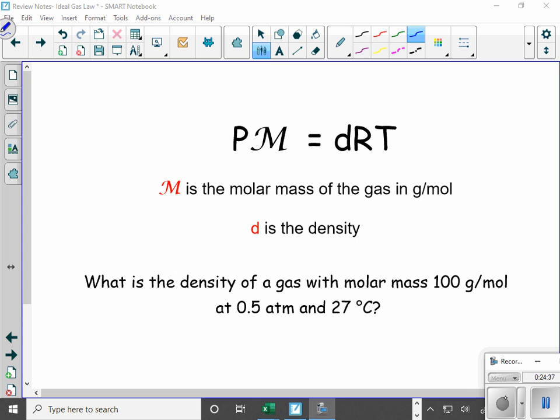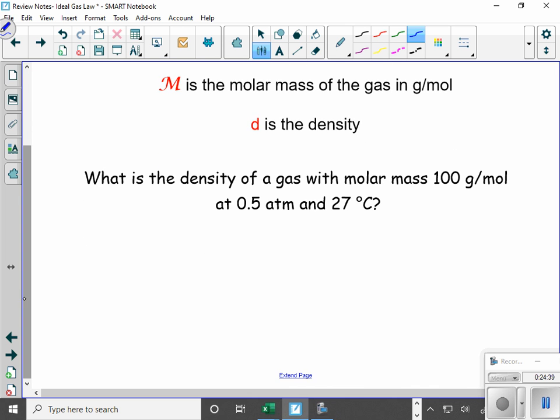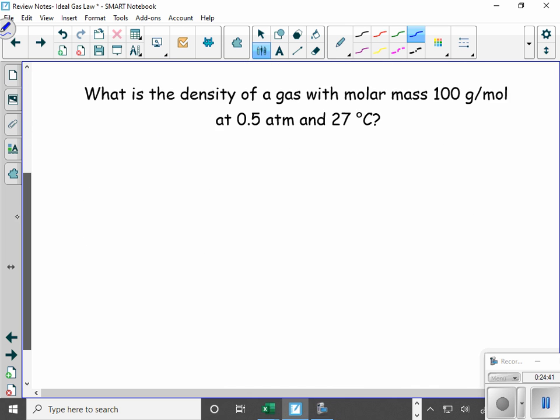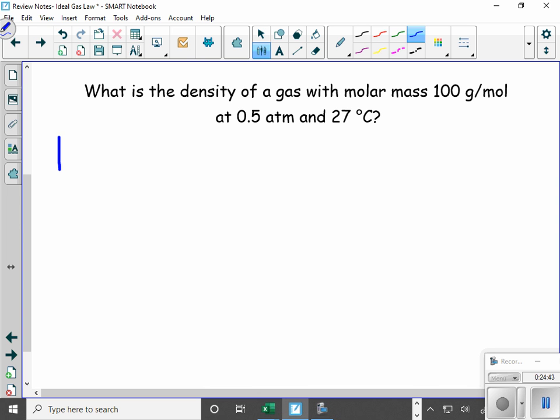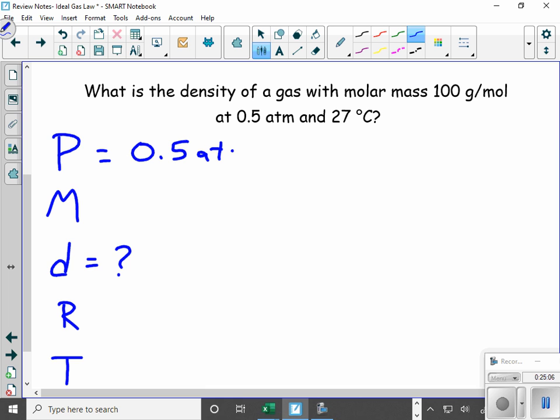So I need to go through once again, and I'm going to get my setup. Only thing is now, I'm not using PV, I'm using PM, D, R, T. So I've got my different equation. I'm trying to find the density, so D is my unknown. My pressure is 0.5 atmospheres.